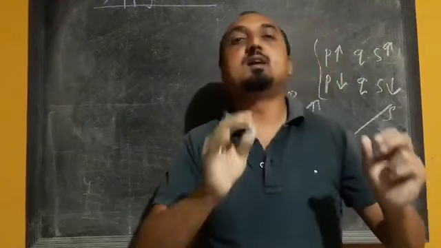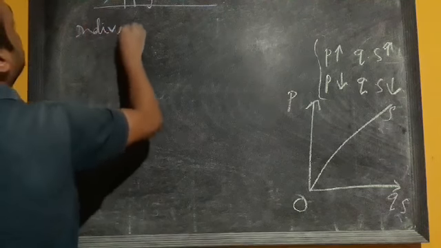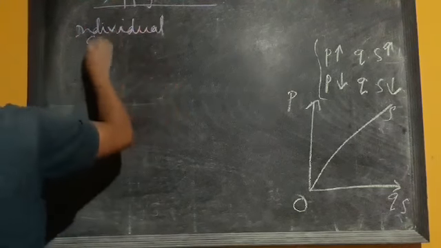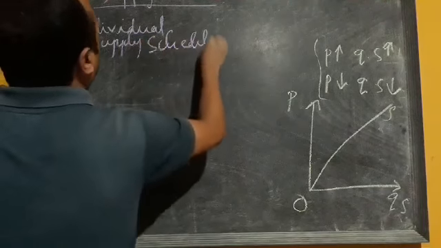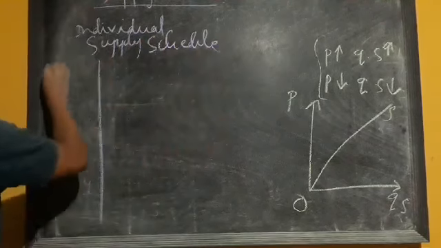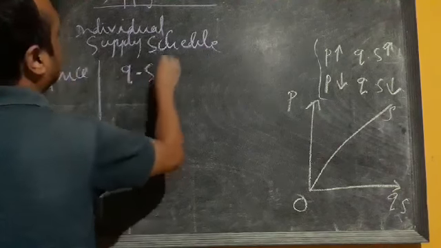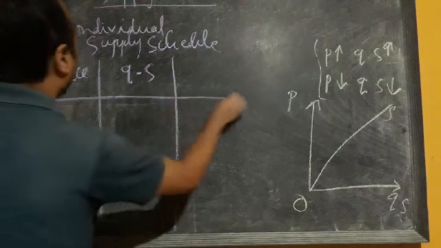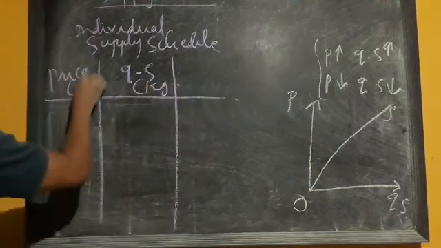So I am taking the individual supply schedule. Suppose the schedule is given as price and quantity supplied. Suppose the quantity supplied is given in kg and price is in rupees.